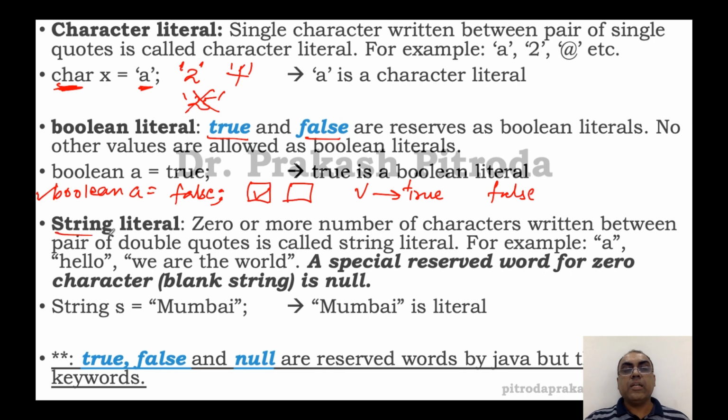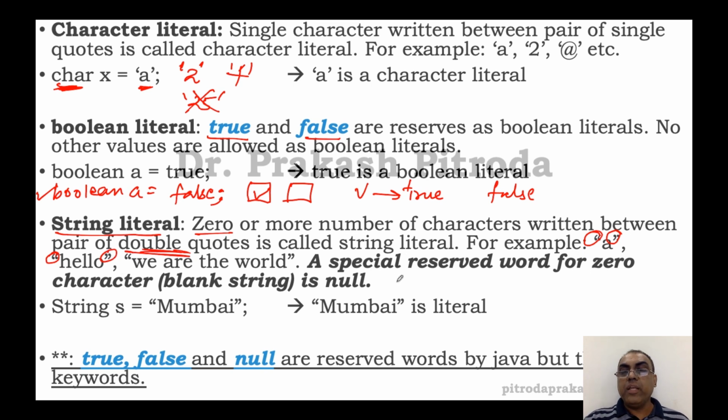Then you have a string literal. A string literal is zero, that's nothing, or more characters written between a pair of double quotes. So I can have no characters, I can have one character, I can have two, I can have five, I can have any number of characters. As long as it is in double quotes, it is considered a string.